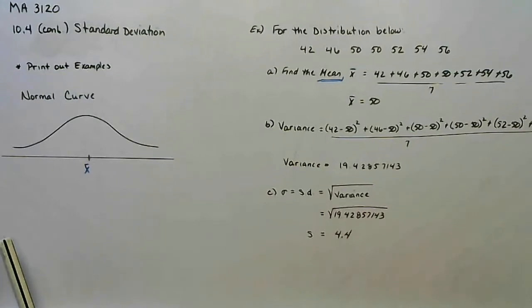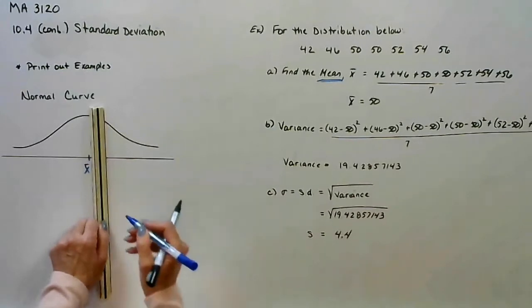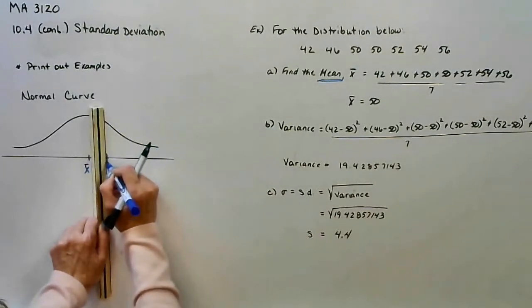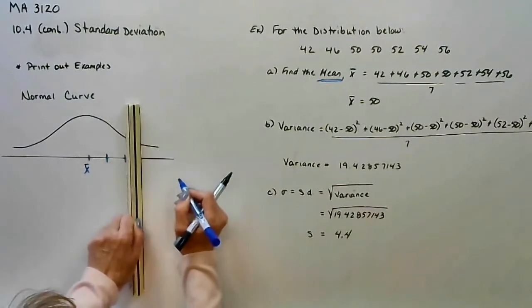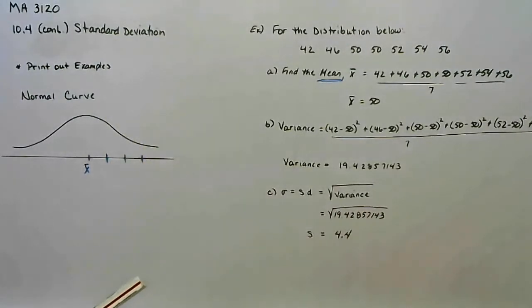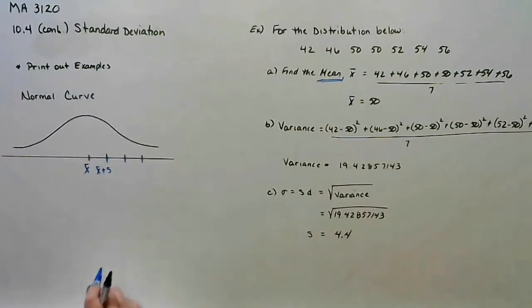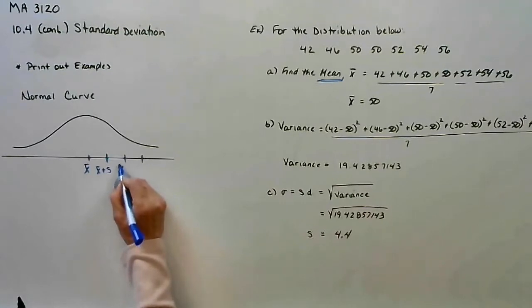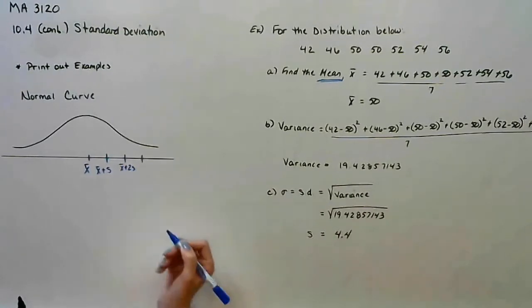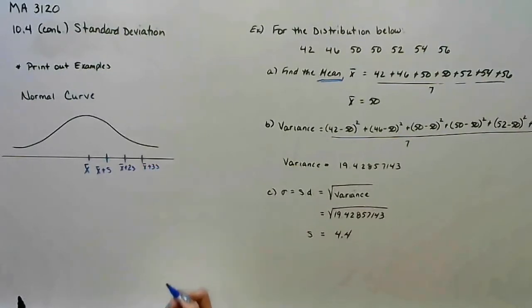And then the way a normal curve works is, we go to the right, 1, 2, and pretty much everything fits within 3 standard deviations. So this is going to be the mean plus 1 standard deviation. Then the next one will be the mean plus 2 standard deviations. And then the third one is the mean plus 3 standard deviations.